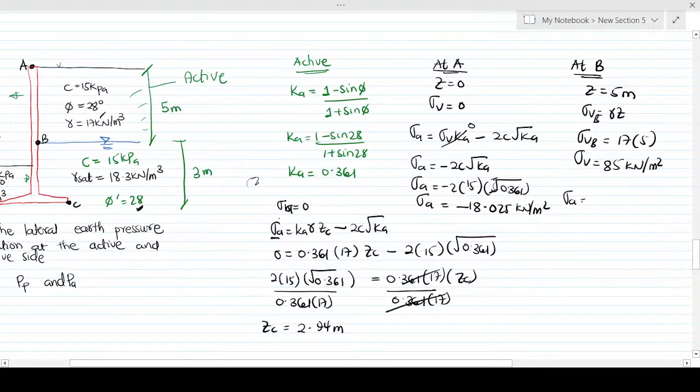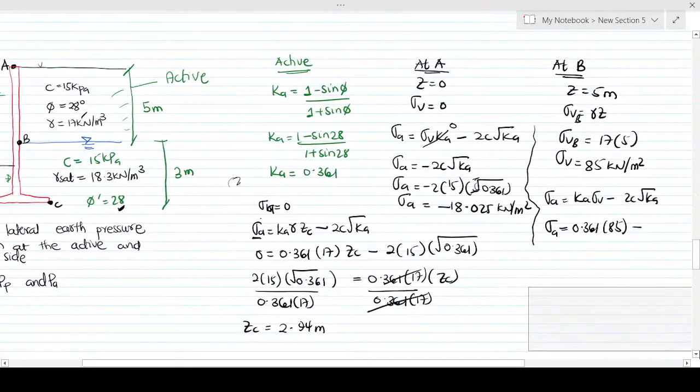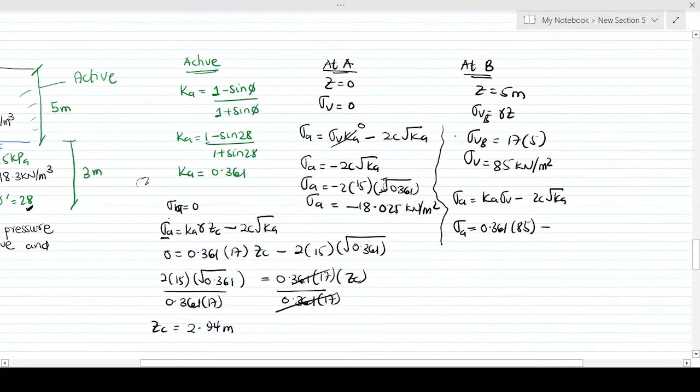And so my lateral pressure at B, I'm still at B, is going to be Ka times sigma v minus 2c times the square root of Ka. That is 0.361 by 85 minus 2 by 15 by the square root of 0.361.